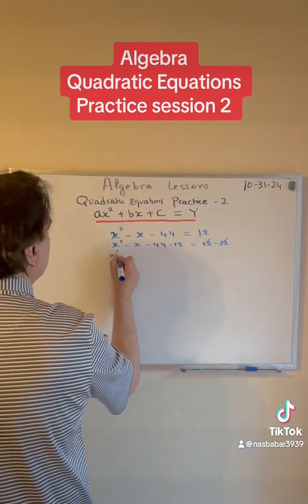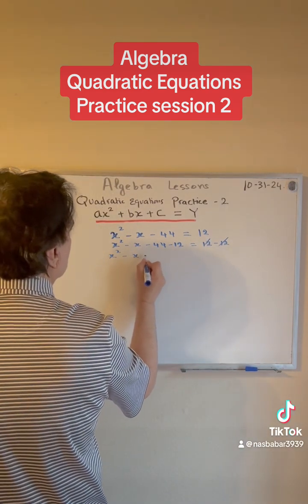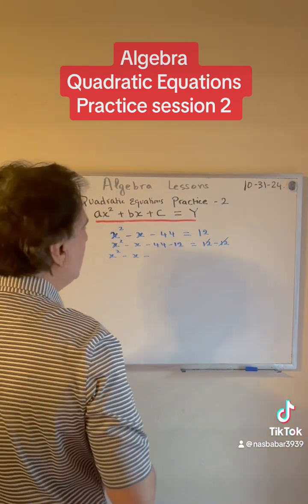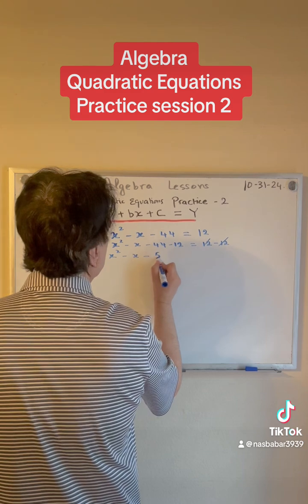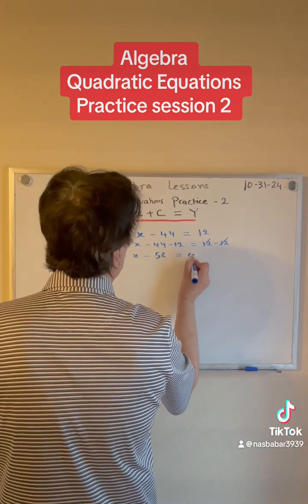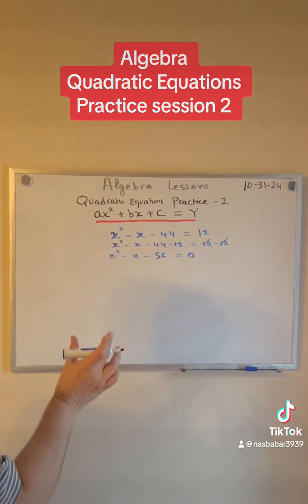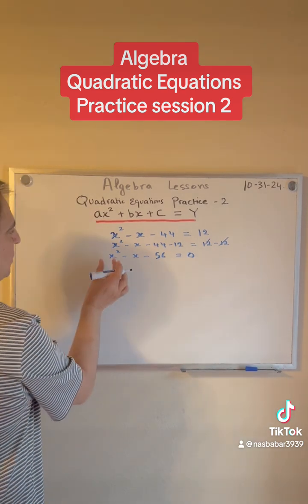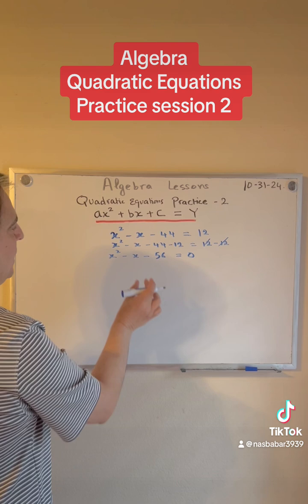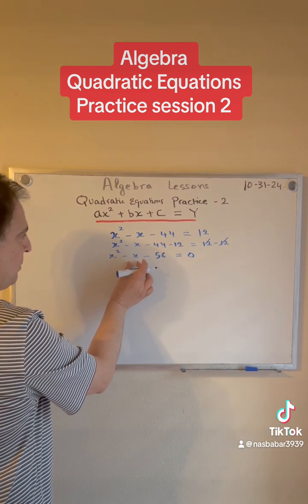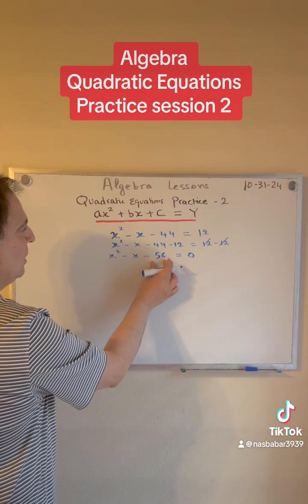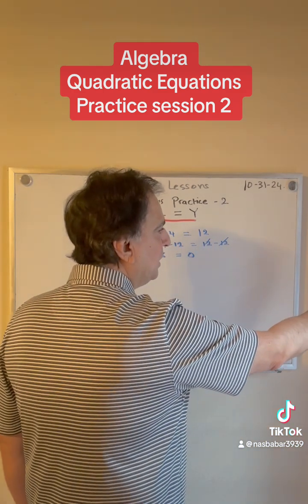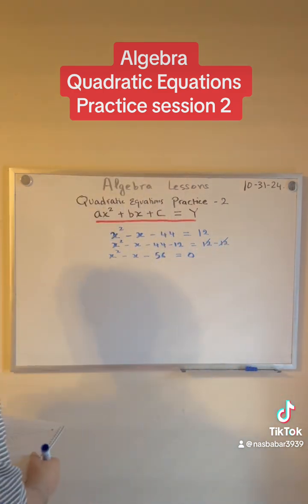So x squared minus x minus 44 minus 12, which is minus 56, is equal to 0. This is the state of equation which I would like to see: x squared by itself, x with its coefficient by itself, 56, a constant value by itself, and everything on the right hand side of the equal to sign should be 0.